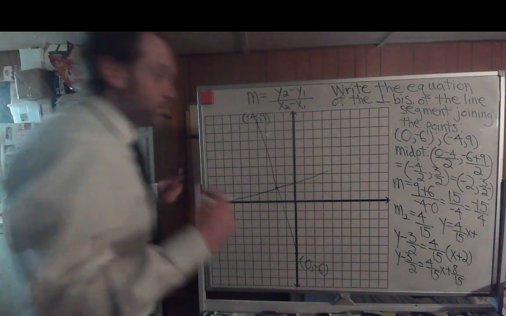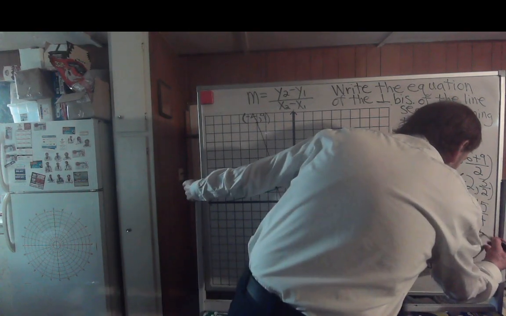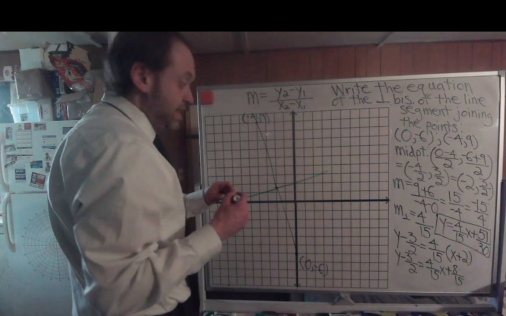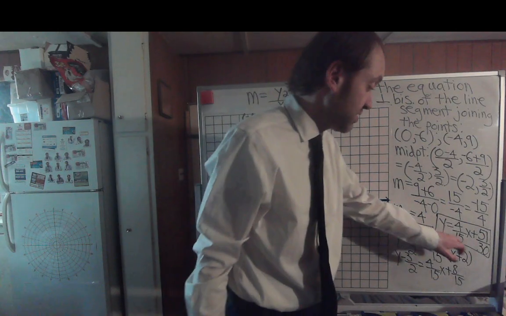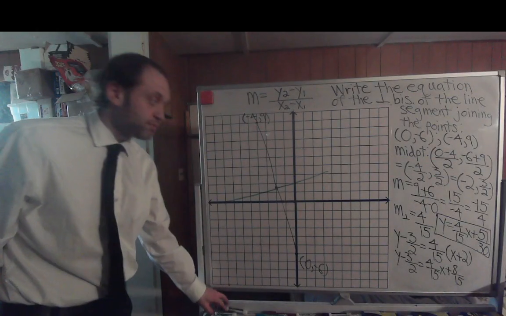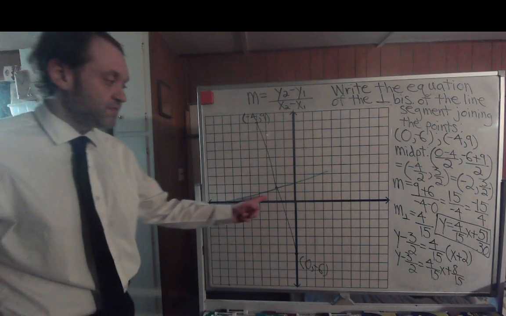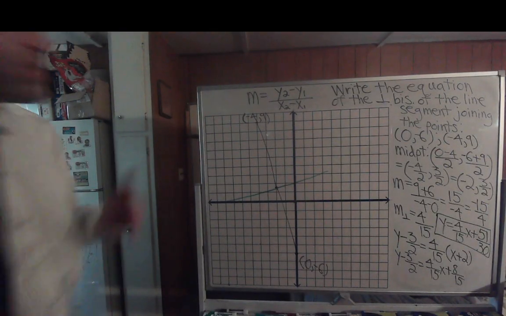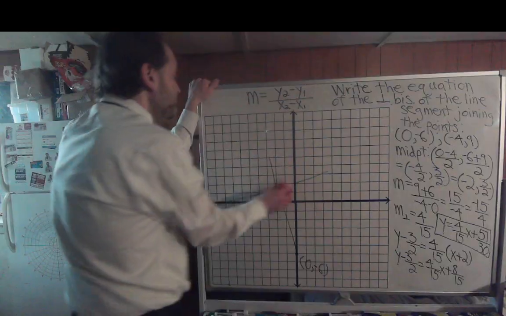So that'd be 51/30. Wow. That's pretty messy. So the equation of the perpendicular bisector ends up being y equals 4/15 x plus 51/30. So that gets pretty messy. That would be the equation of this line right here, in the green. I got just one more, then we're done.